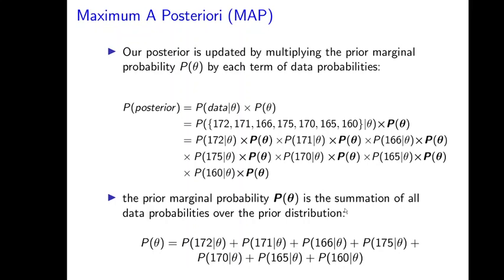P of theta here is the summation of all data probabilities over the prior distribution, which means that the probability of theta in this context is equal to the probability of each data observation given theta, and we sum up all these 7 probabilities in order to obtain the prior marginal probability of theta to employ it in this equation.